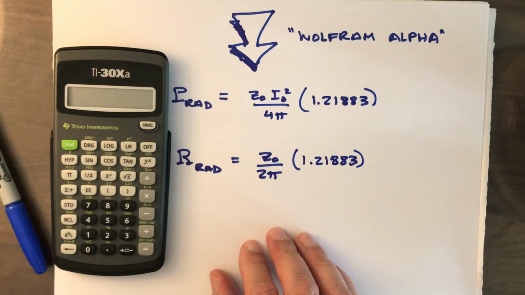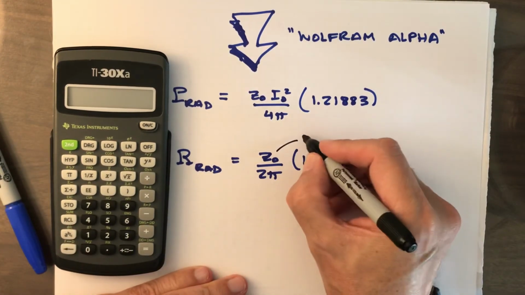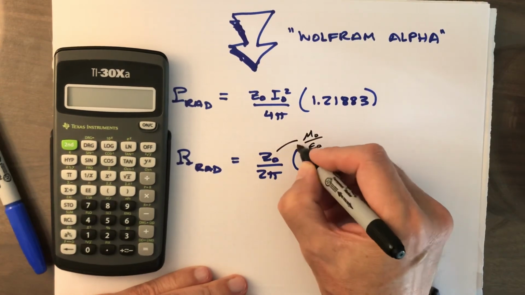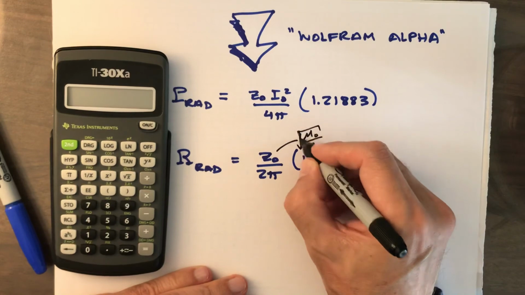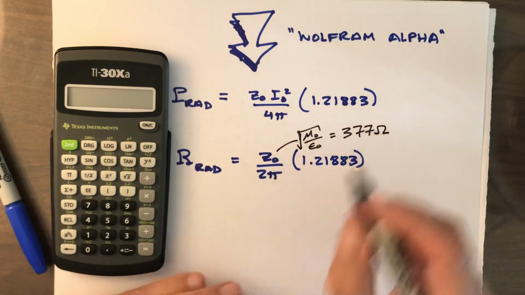remember, Z naught is the characteristic impedance of the vacuum. So that's the square root of mu naught over epsilon naught. Those are constants that you can look up, and that gives us 377 ohms.